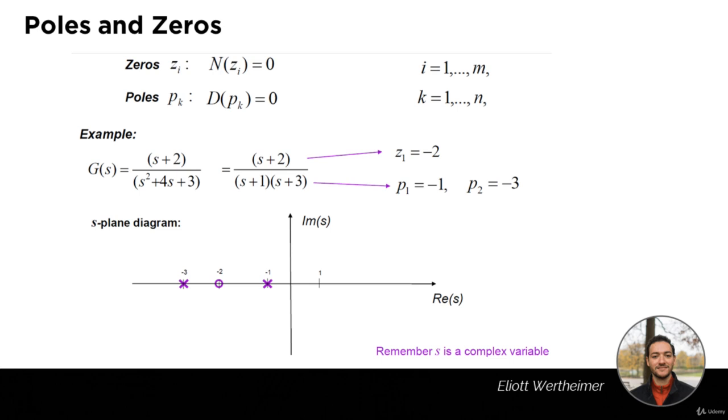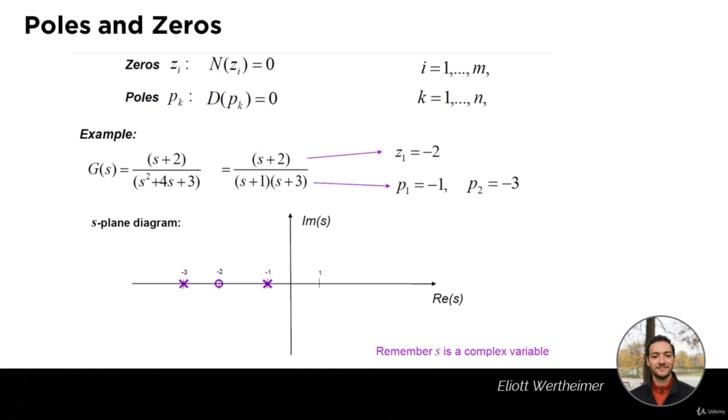We have the transfer function G(s) equals s plus 2 over s squared plus 4s plus 3. As you can see, everything is in order because the order of the denominator is higher than the order of the numerator. The denominator is of second order, whereas the numerator is of first order.